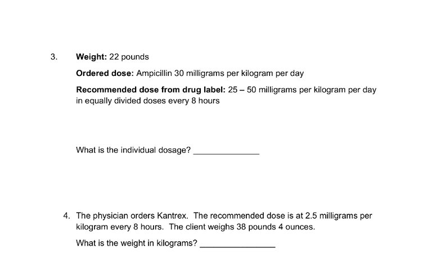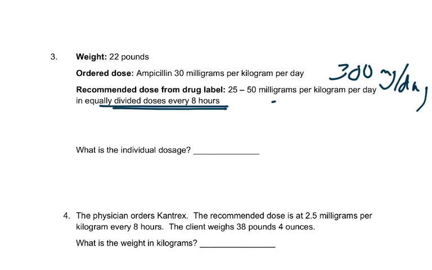So then it says, what's the individual dose? So we just found that we needed to give 300 milligrams per day. So the individual dose, when it asks for that, we have to figure out how often we're supposed to give it. So it says that we're supposed to divide that equally into every 8 hours.